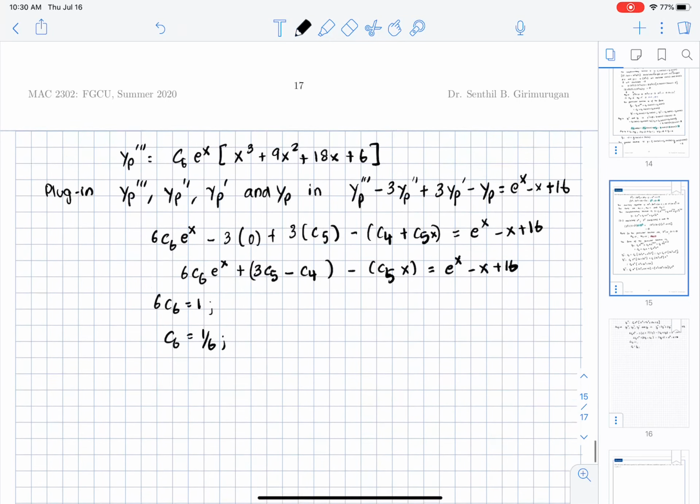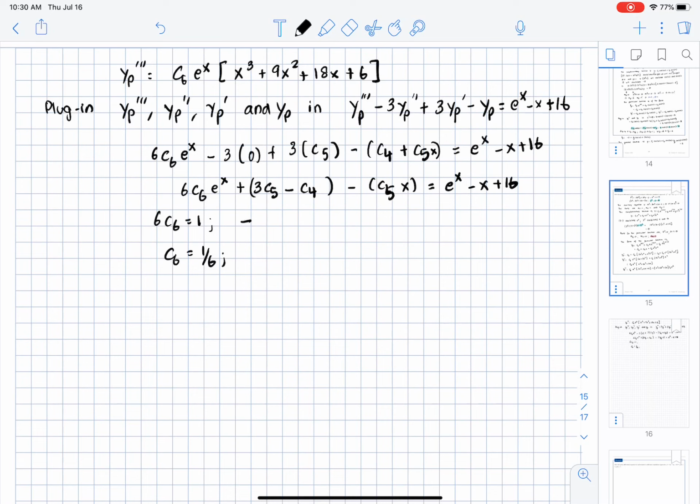So negative C5 would equal negative 1, comparing that to that. And I would have 3C5 minus C4 equals 16, which would imply C5 is 1. 3 times 1 minus C4 is equal to 16, which should imply minus C4 equals 16 minus 3.